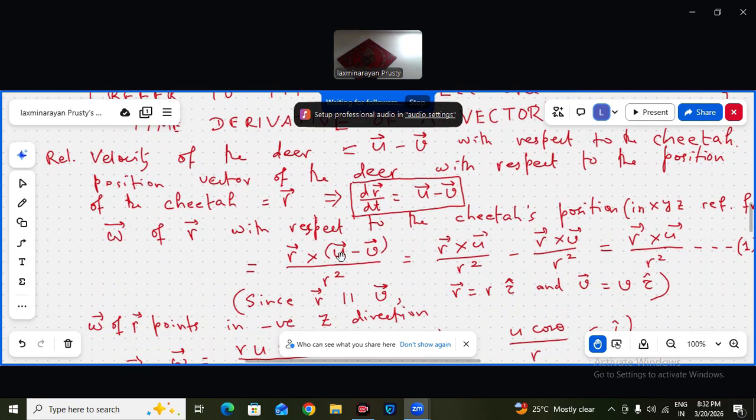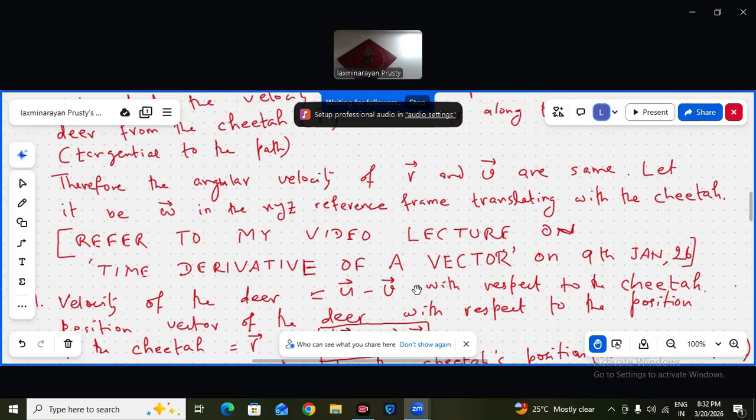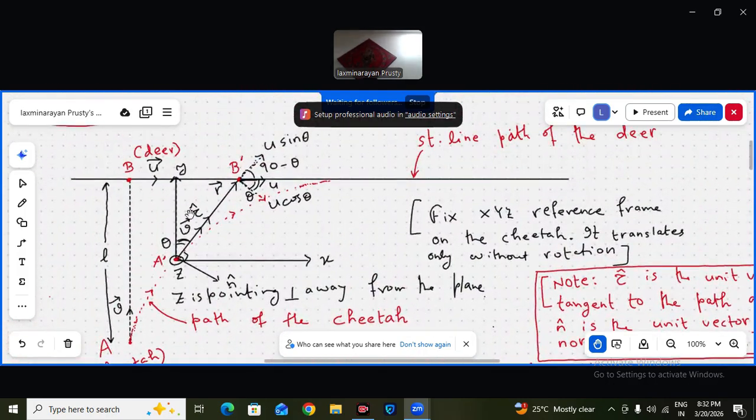So r bar cross u bar minus v bar by r square. Open the bracket: r bar cross u bar by r square minus r bar cross v bar by r square. But r and v are parallel, so the cross product is 0. So only r bar cross u bar by r square. This is the angular velocity of r bar in the xyz reference frame. Okay.